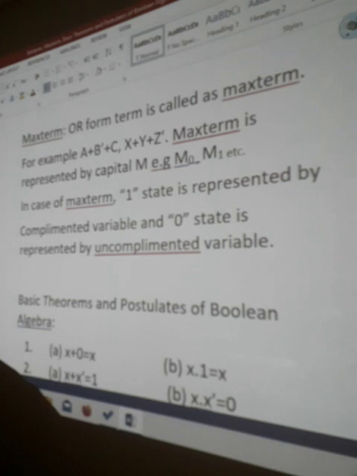Now the Maxterm M0 represents the Maxterm corresponding to the binary code 0000, and M1 is the Maxterm corresponding to the binary code 1. Then we have basic theorems and postulates of Boolean algebra.